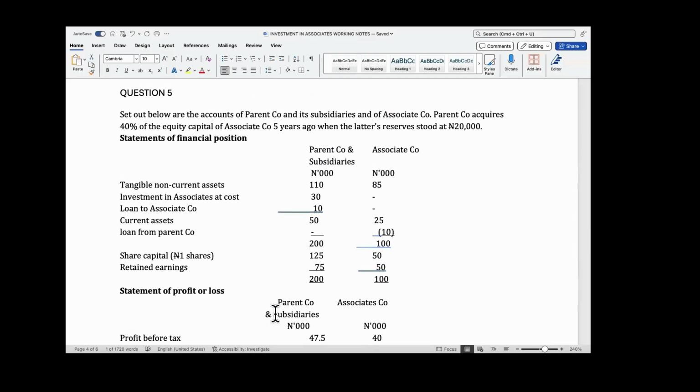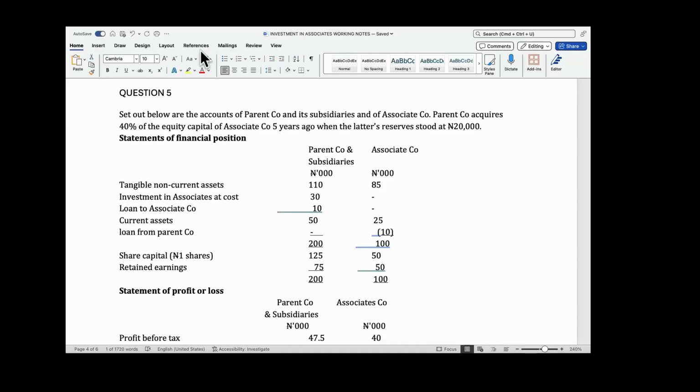So looking at this question, who can tell me the post-acquisition profit of the associate? The post-acquisition profit is 20,000, sir. How did you get that? That's the retained earnings before the acquisition, sir. 20,000.